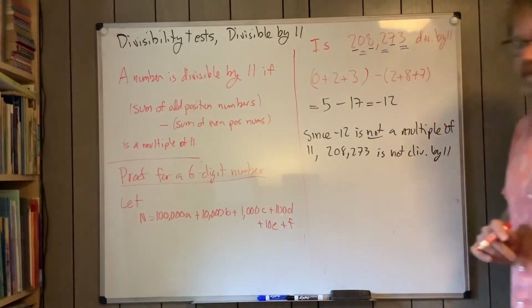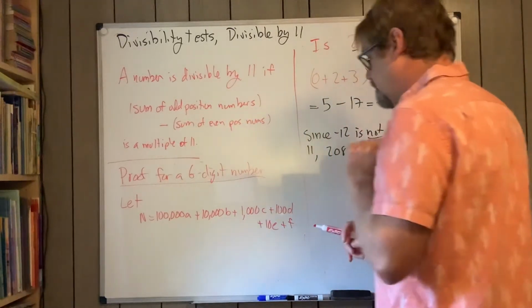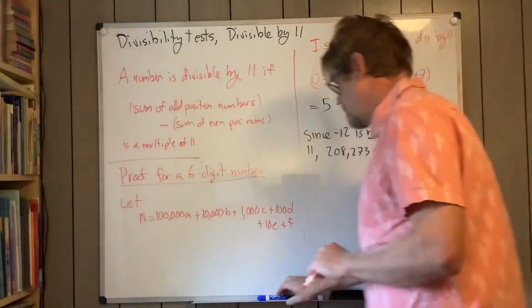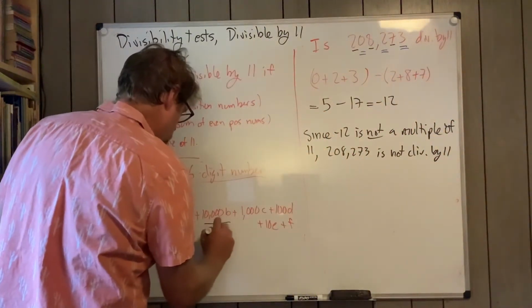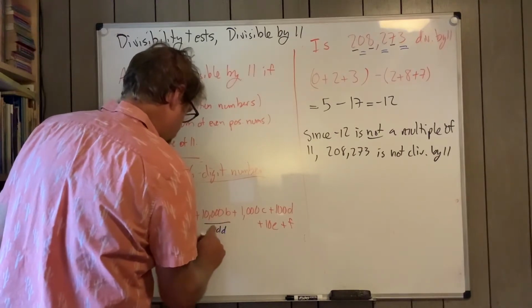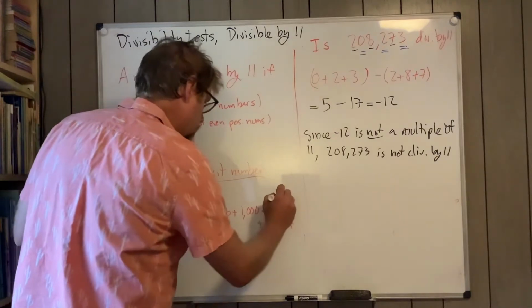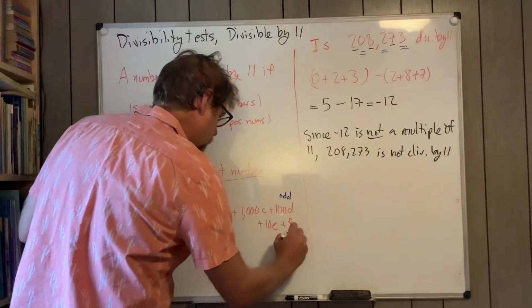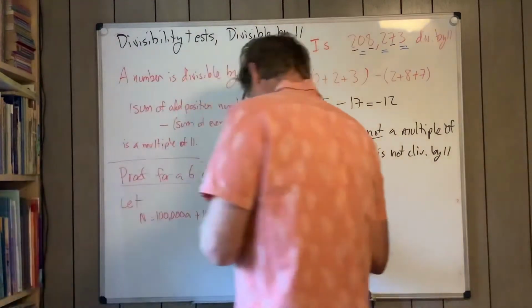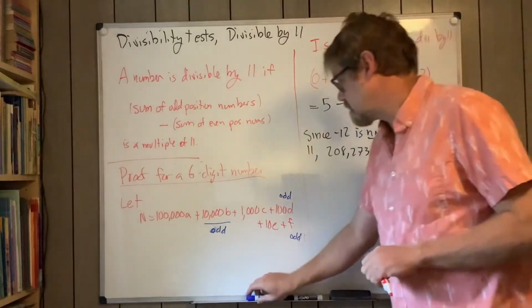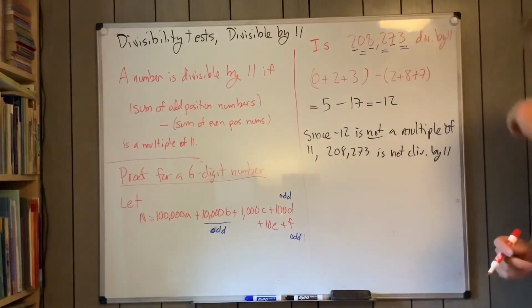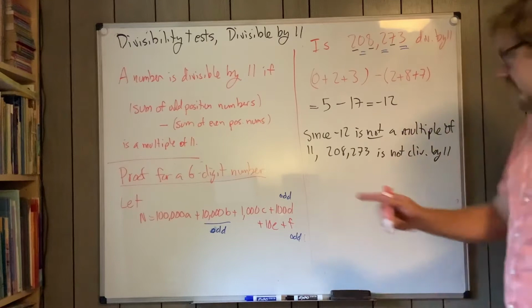This seems to be a little bit weird. So the odd positions, this is odd, oops, not add, odd, odd, odd, are the B, D, and F. And the other ones are even.